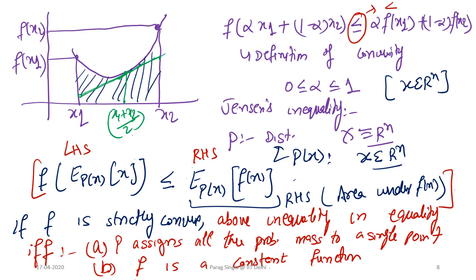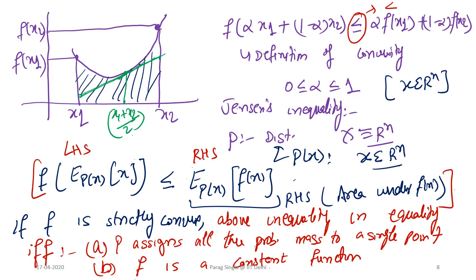But the second case, which is more interesting for us, is that suppose p is not something which assigns all the mass to a single point, but p is some general distribution. Even then, if f is a constant function, if f of x is some constant c, then again it is not difficult to see that this will become an equality.